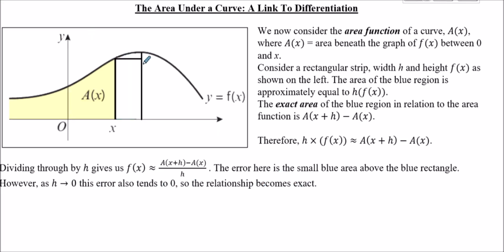So if you look here, the error between the rectangular approximation and the exact area is this area here above the curve. It's not too big, but it's obviously noticeable. But if I imagine this h distance here becoming smaller and smaller, look what happens to this curved area above the rectangle.